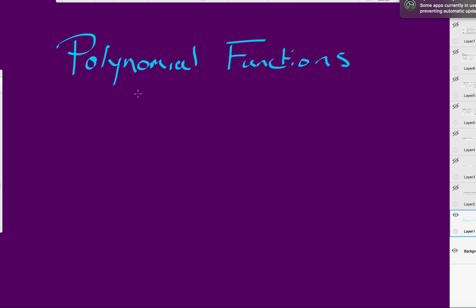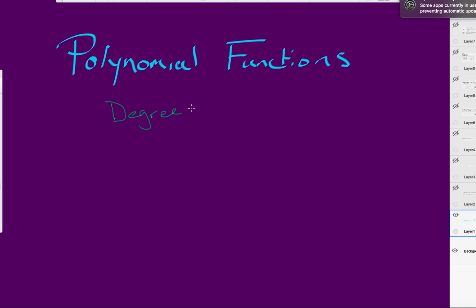Right now we're going to be talking about polynomials in one variable. One variable just means they have one variable. That's pretty silly, right? Okay, so we're going to be able to find the degree.